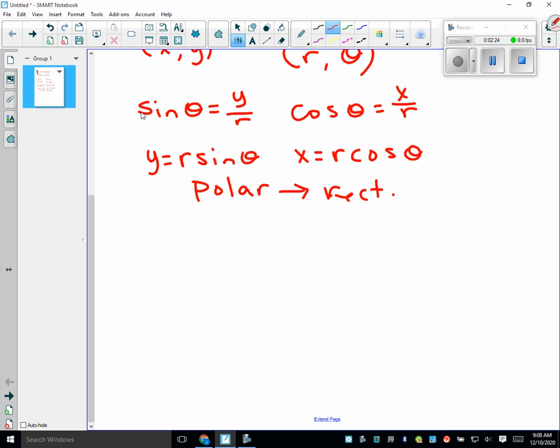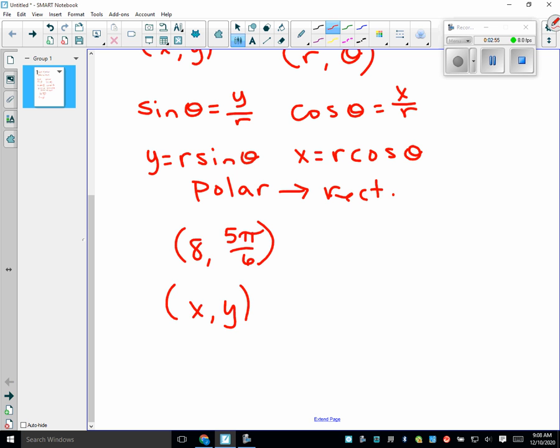So if I give you the point (8, 5 pi over 6), what is r? 8. What is theta? 5 pi over 6. Everybody agree? So this is r, theta, and I need to find x, y.